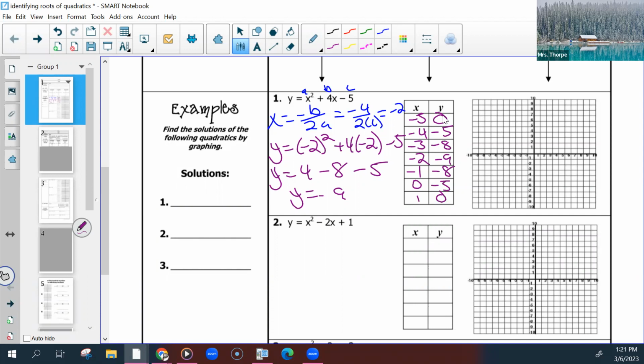So you would plot all of those points. So it would look something like that.